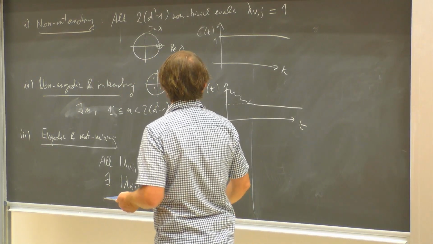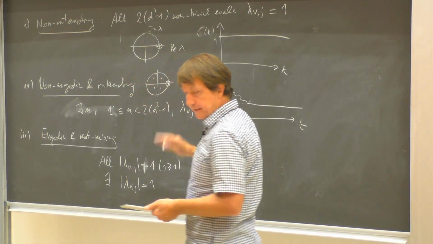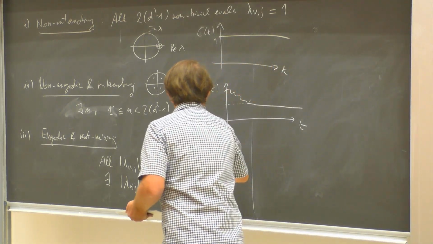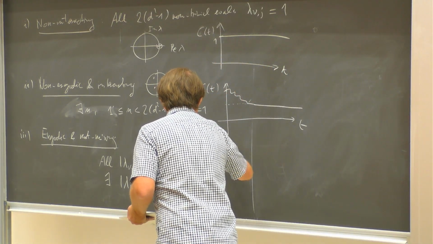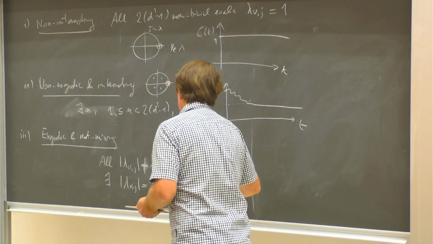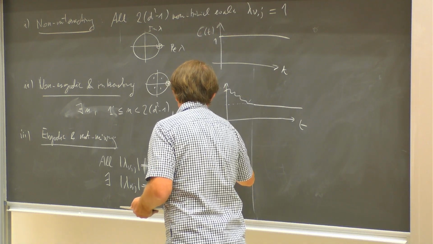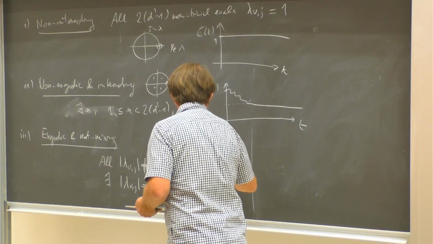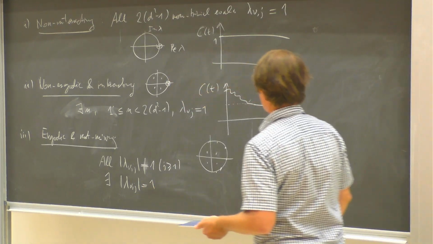If there exists one, there exists the other, because the eigenvalues have to come in complex conjugate pairs. So there will be some eigenvalues still on the unit circle, and some others could be inside. And of course, there is always the eigenvalue 1, which is a trivial one.